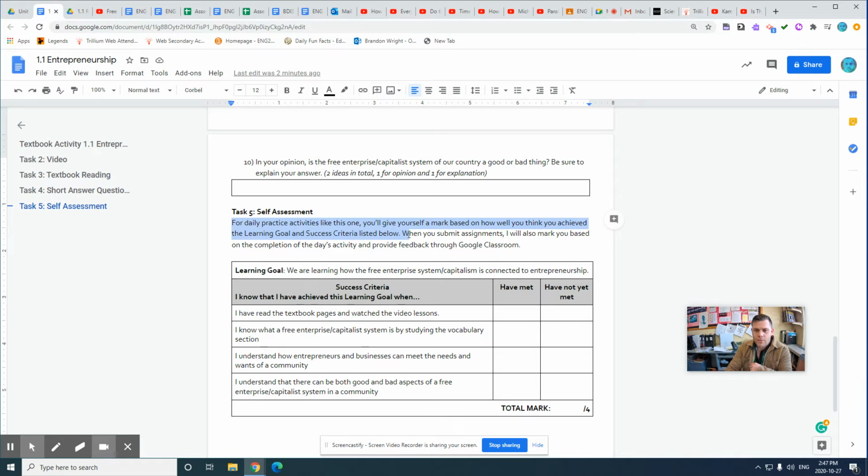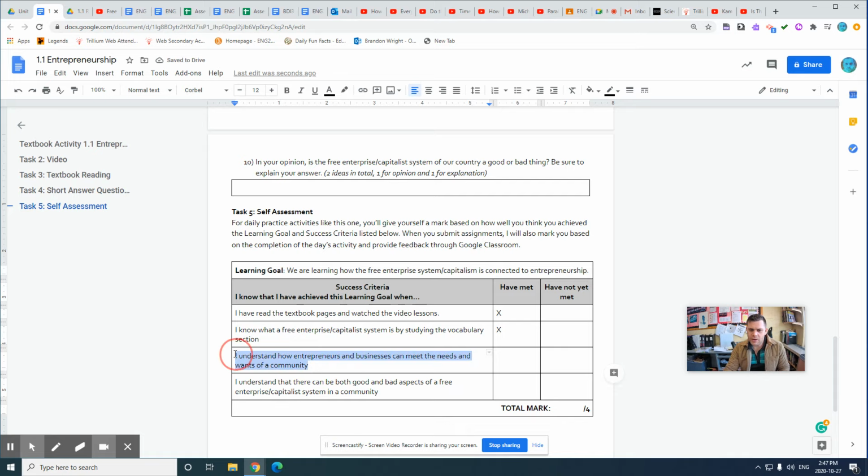All right, now where are we? So I'd like you to mark yourself based on how well you achieve the success criteria. And these are the success criteria right here. So if you've read the textbook pages and watched the video lessons, just put an X right here. If you know what a free enterprise or capitalist system is done by studying the vocabulary, put an X right there.